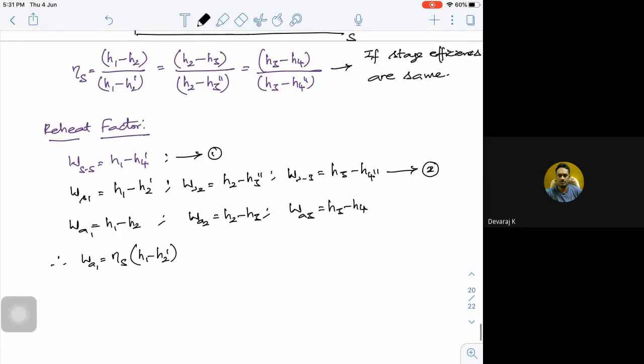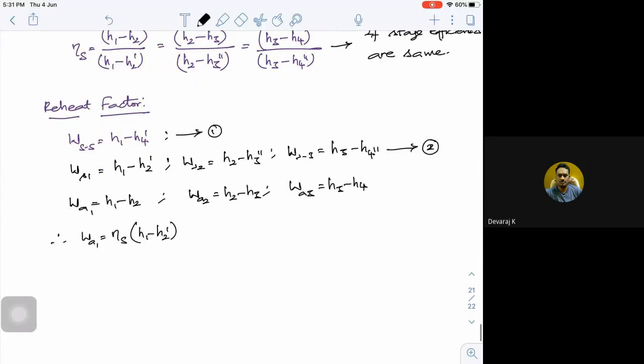Similarly, the actual work done 2 is equal to the stage efficiency into H2 minus H3 dash. The actual work done for the third stage is the stage efficiency into H3 minus H4 double dash. Sorry, H3 dash, H3 double dash and H4 double dash.